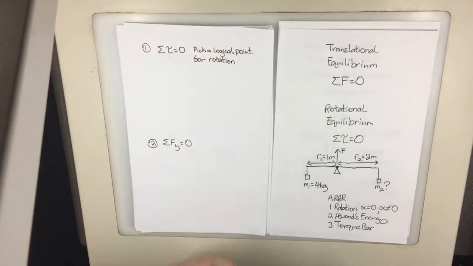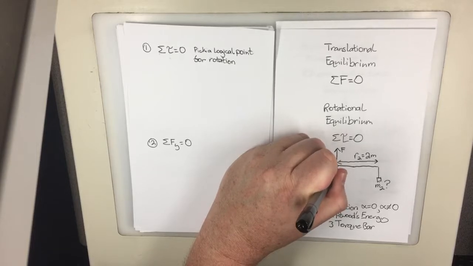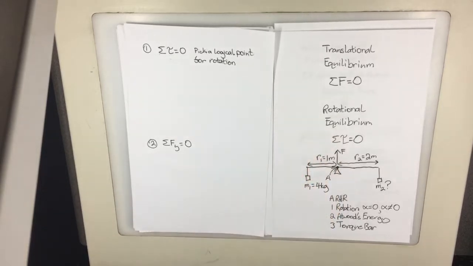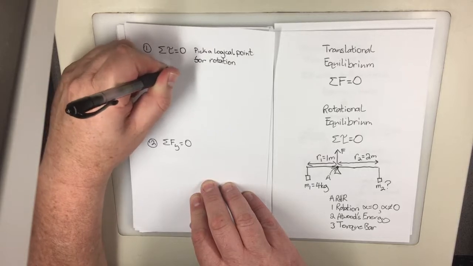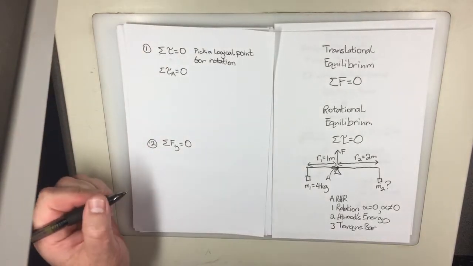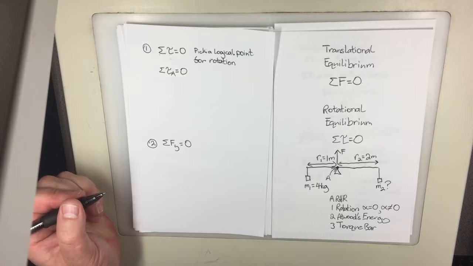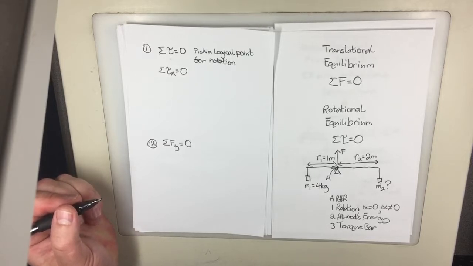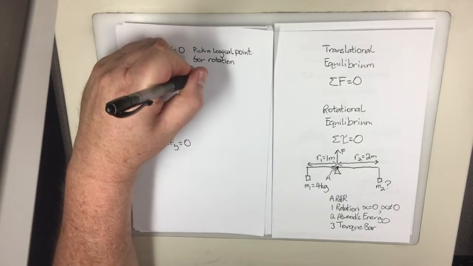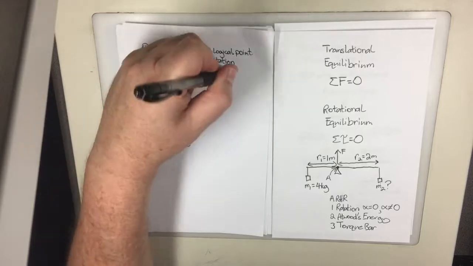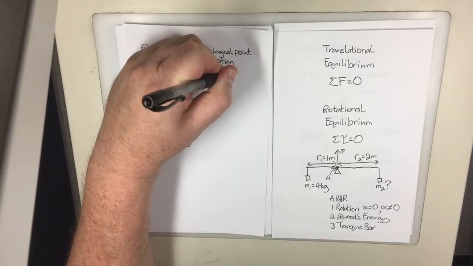And typically for a problem like this, you pick the fulcrum as the rotation point, and you call it A. So the sum of the torques about A is equal to 0. Well, what is the sum of the torques? The sum of the torques is the sum of the products of the radii with the forces. So R1 F1 and R2 F2.